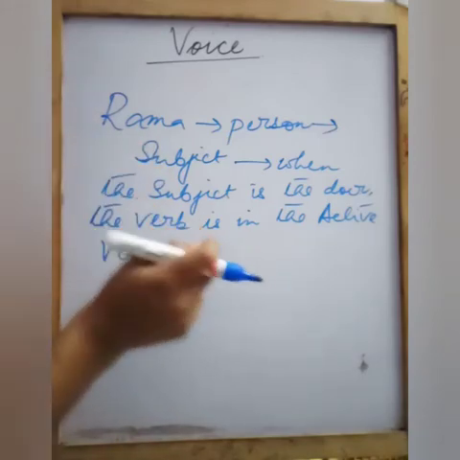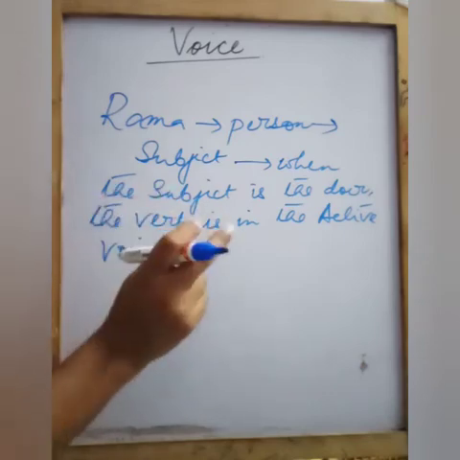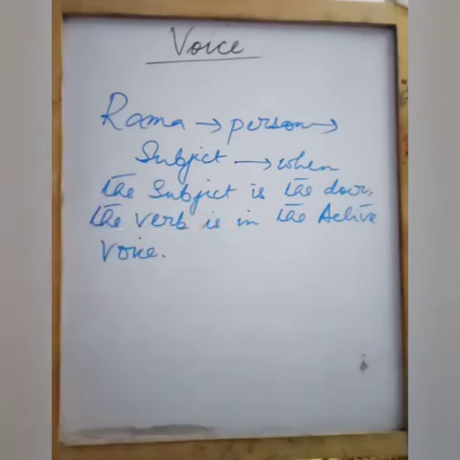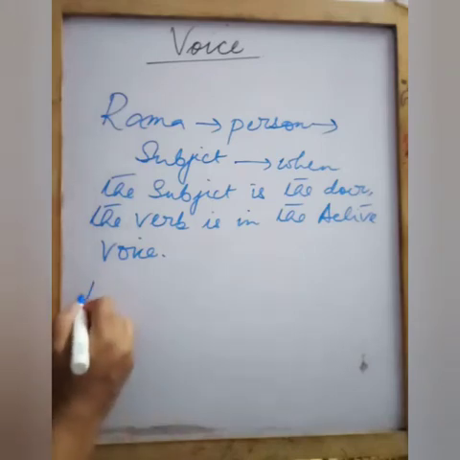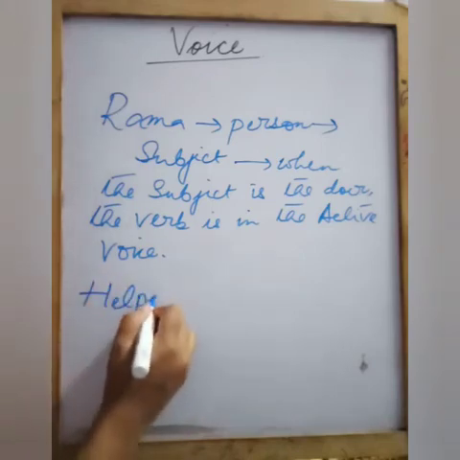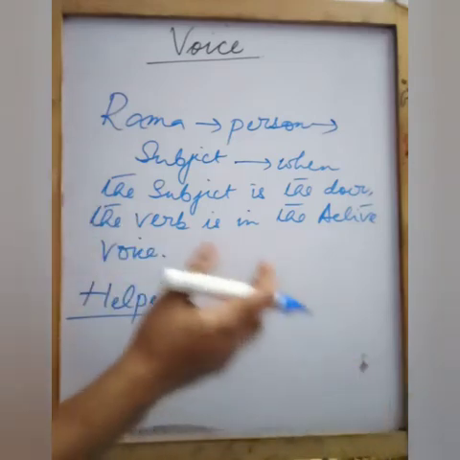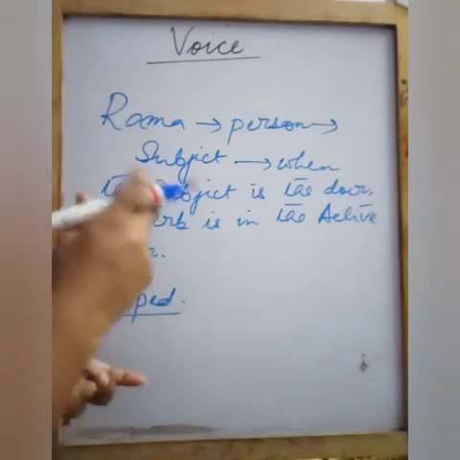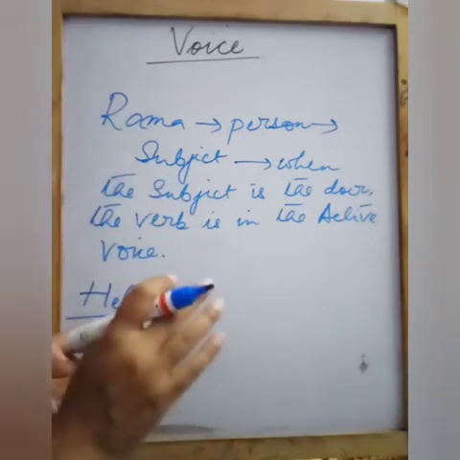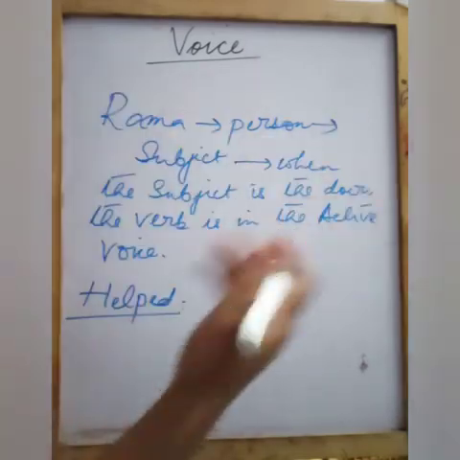Now remember the second sentence, what we had said? We had said that Hari is helped by Rama, isn't it? So when we say Hari is helped by Rama, the moment we use the verb helped, alright, this goes to the passive voice. The verb becomes passive. Because why? Because the action is not being done by the subject; rather the action is being done on the subject.